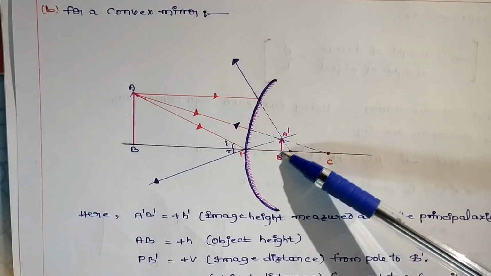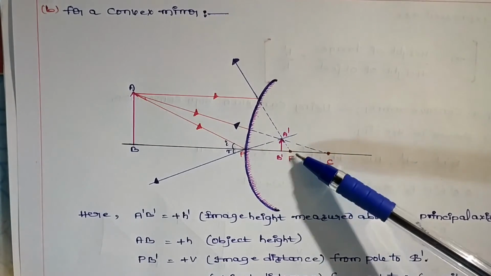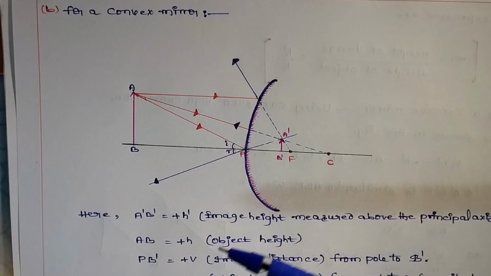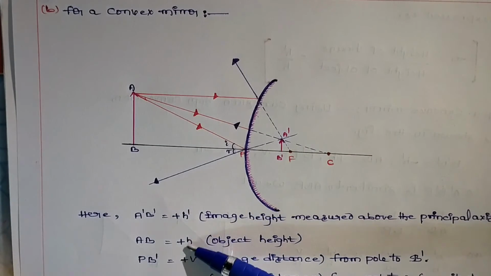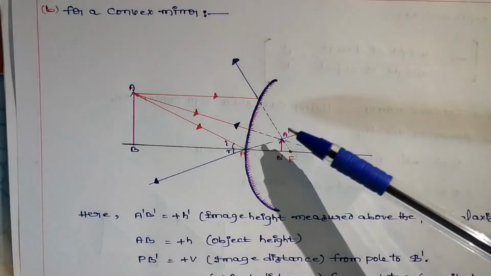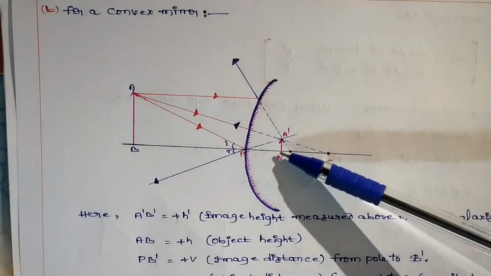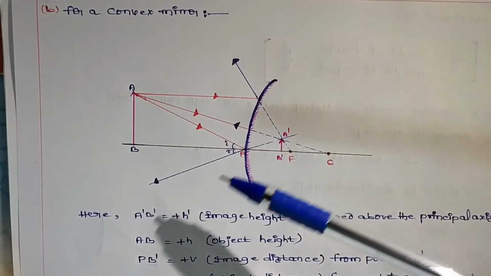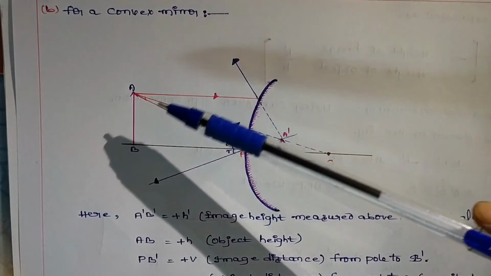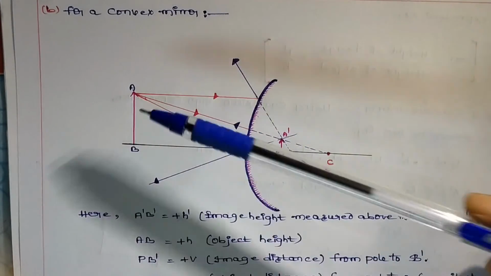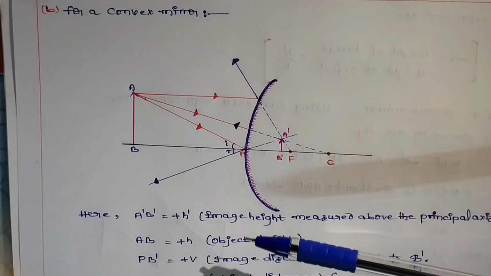Above the principal axis we are measuring the height, that is why plus h dash. Here also above the principal axis we are measuring height, that is why plus h, the object height.